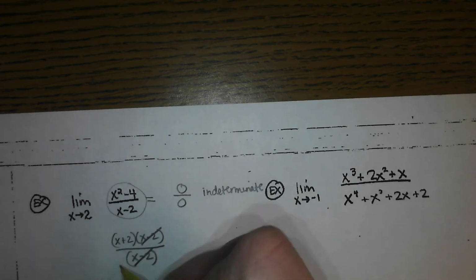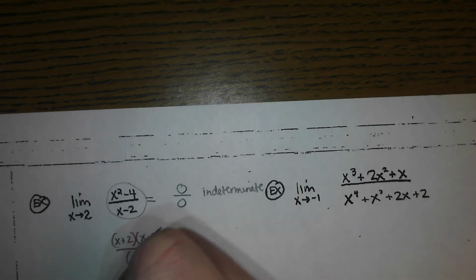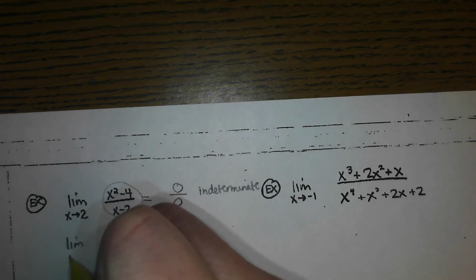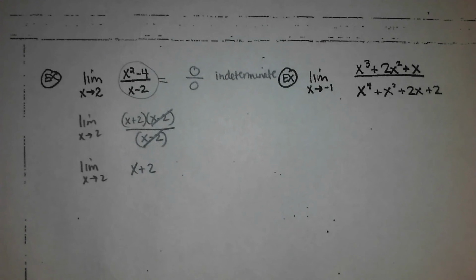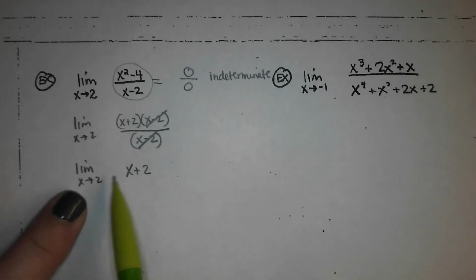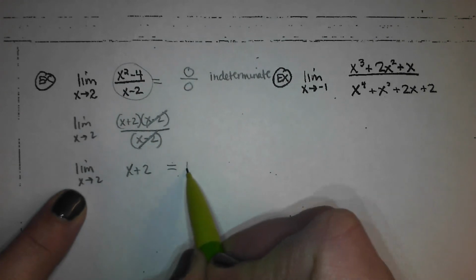And that cancels, and it ends up being x plus 2. Once you manipulate, aka simplify, then you retry directly evaluating, and if you get an answer, that's it. Okay? So now I'm going to redirectly evaluate by plugging in a 2. 2 plus 2 is 4.